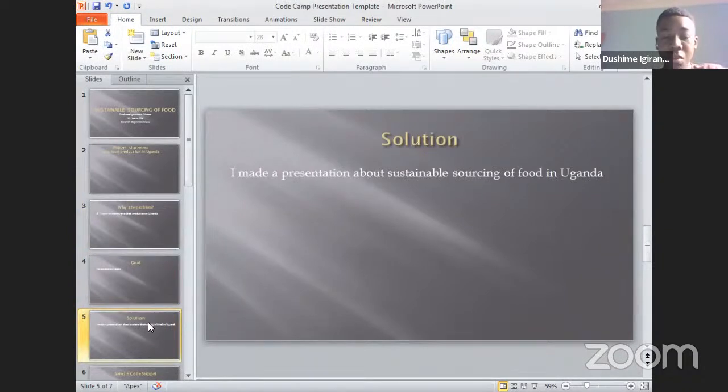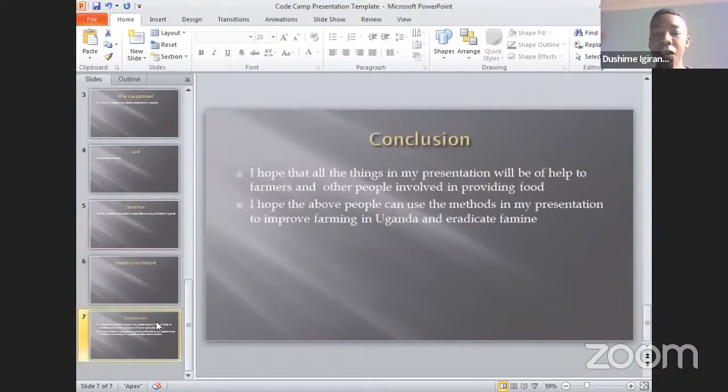The solution: I made a presentation about sustainable sourcing of food. I hope that everything in my presentation will help farmers and other people involved in providing food. I hope they will use the methods in my presentation to improve farming in Uganda and eradicate poverty. And that's my PowerPoint.